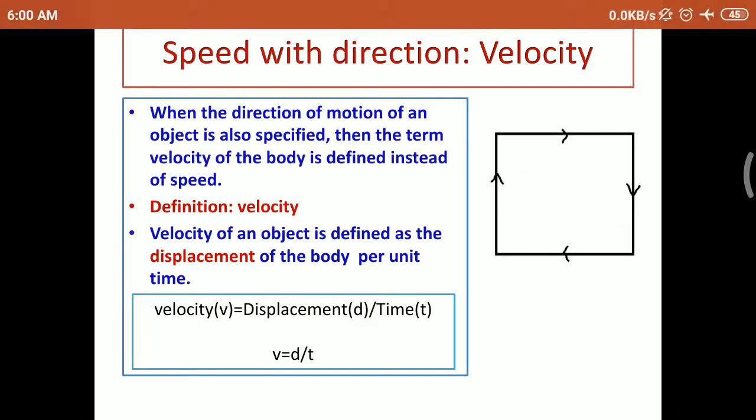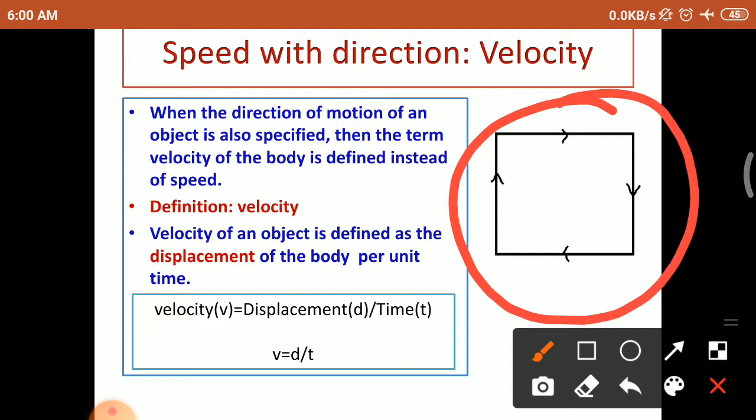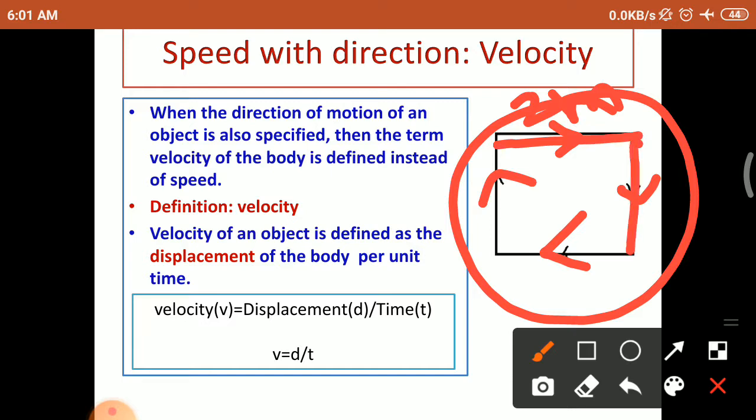See here in this image, the direction of the object is changing continuously, so instead of speed, here velocity occurs. First the object travels 2 meters east, then 2 meters north, then 2 meters west, again 2 meters north.